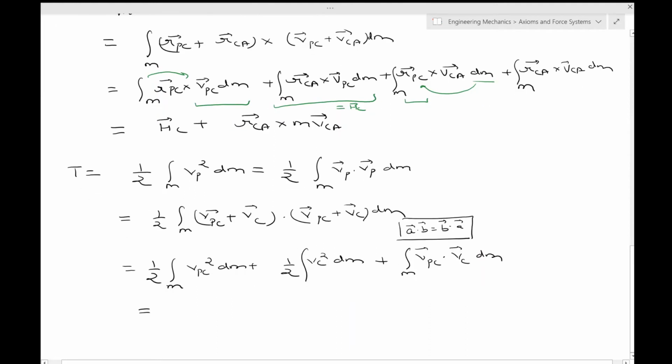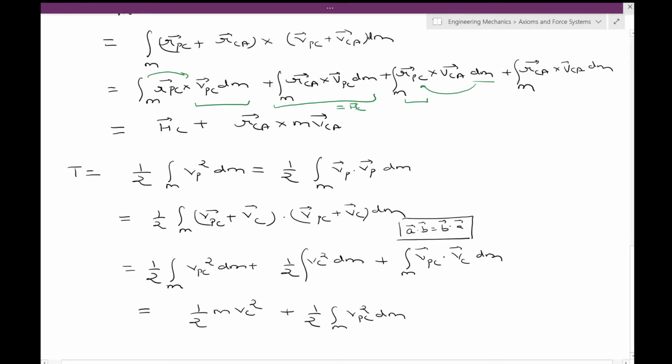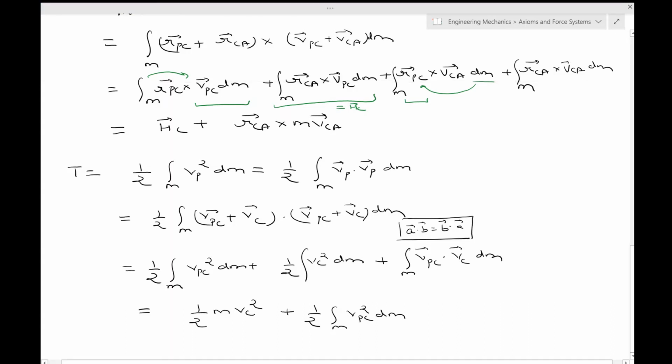This can be written as half into m vc square plus half into integral of vpc whole square dm plus 0. Okay, so this quantity can be written like this.